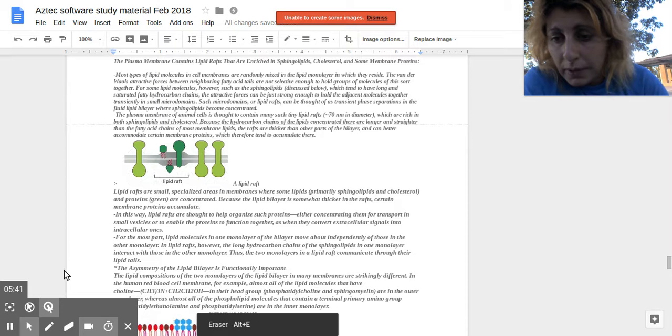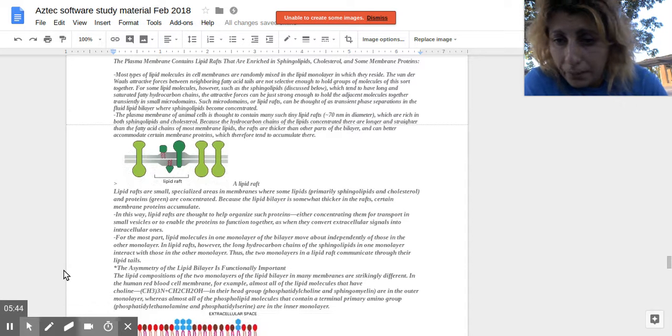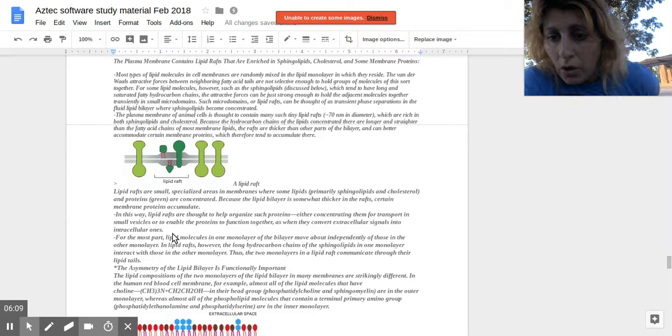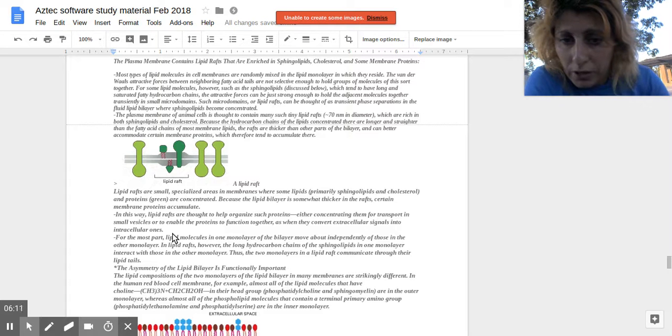So, a lipid raft is a small specialized area in a membrane where some lipids, primarily sphingolipids and cholesterol, and proteins are concentrated. The lipid bilayer is somewhat thicker in the rafts, and certain membrane proteins accumulate there. In this way, lipid rafts are thought to help organize such proteins, either concentrating them for transport in small vesicles or enabling the proteins to function as they convert extracellular signals into intracellular ones.